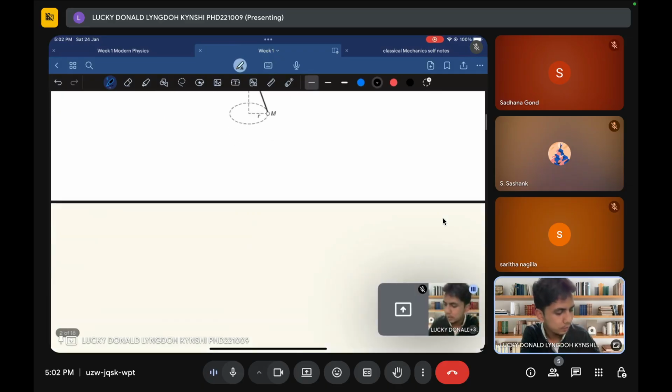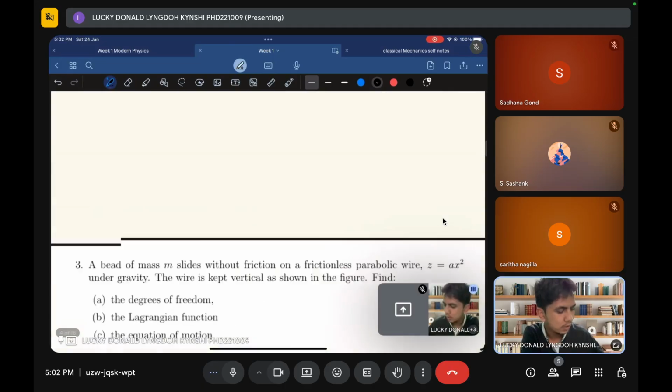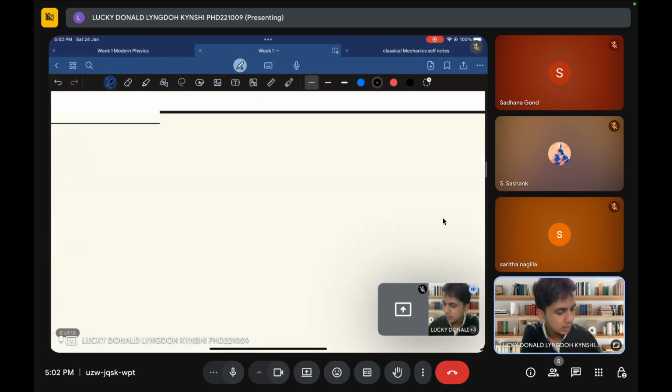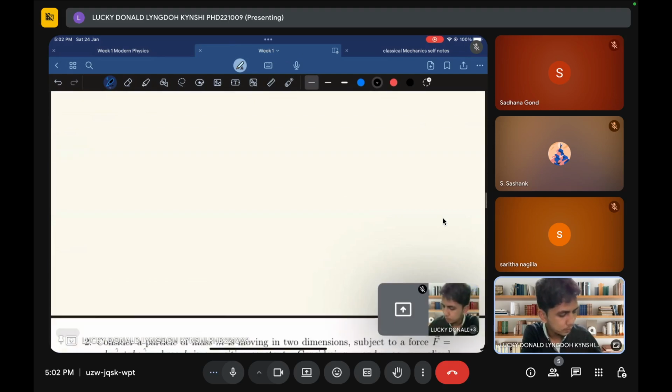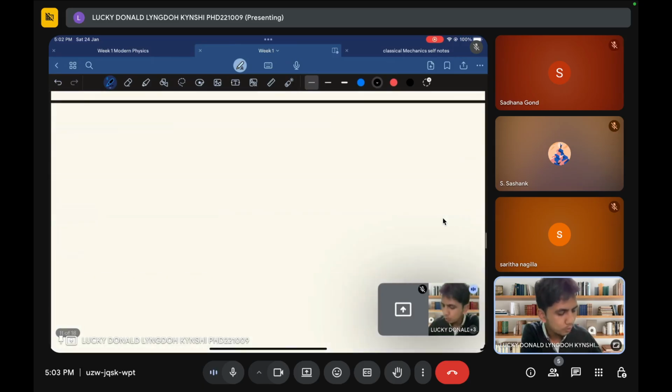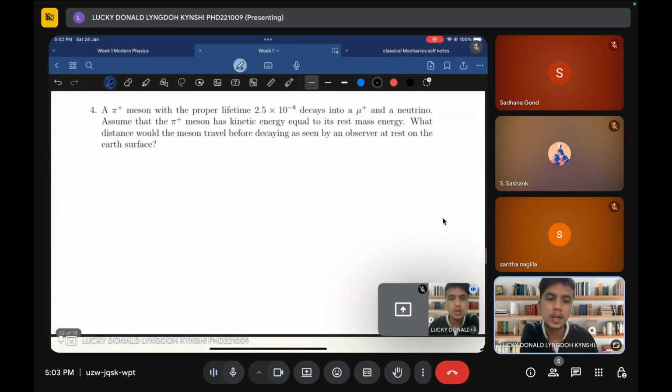The second involves writing the Lagrangian and solving the equation of motion. The third problem is related to how we derive the Hamiltonian equations and describe the details of the motion. And the last 2 problems are related to relativity.